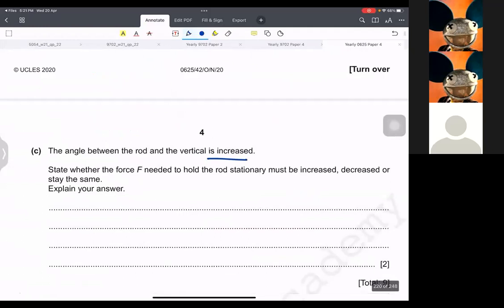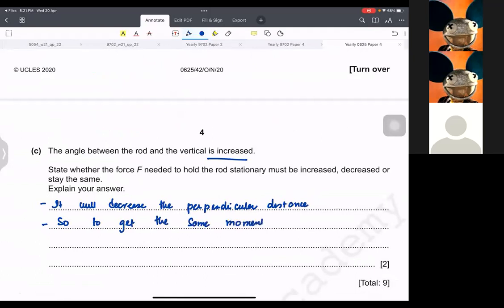So how am I going to write it? It will decrease the perpendicular distance. So to get the same moment, F needs to be larger.